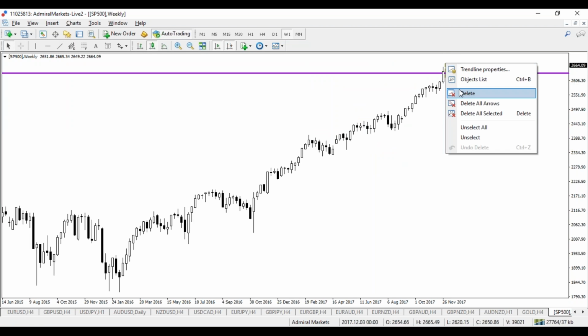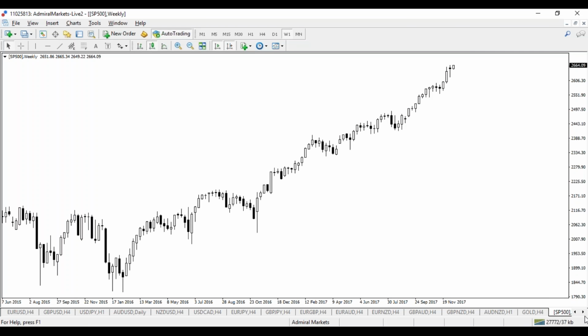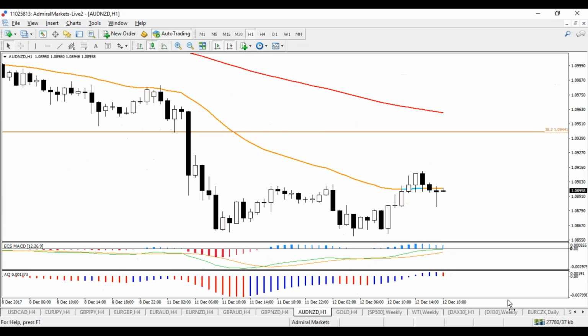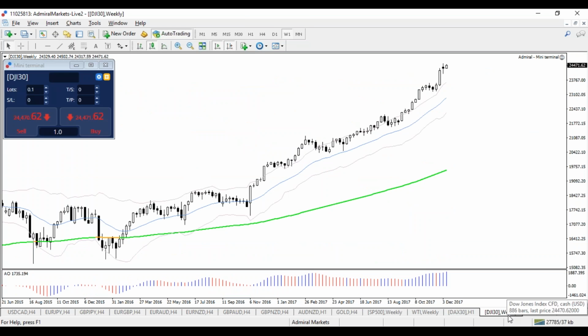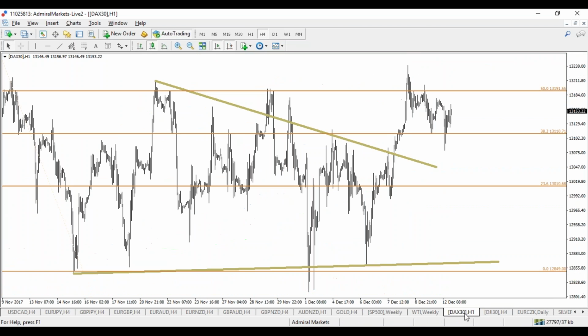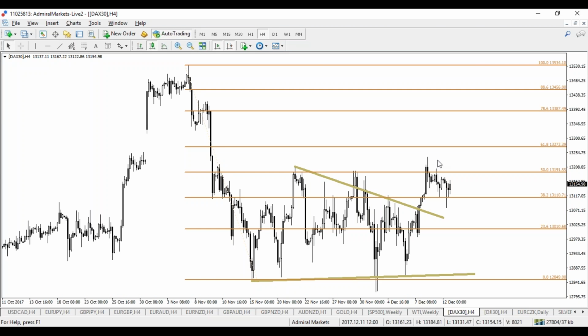So that was something we discussed there in continuation for the moment on S&P 500. Dow Jones, same thing. DAX had an upside break too, but making now a new bull flag, potential bull flag at least.